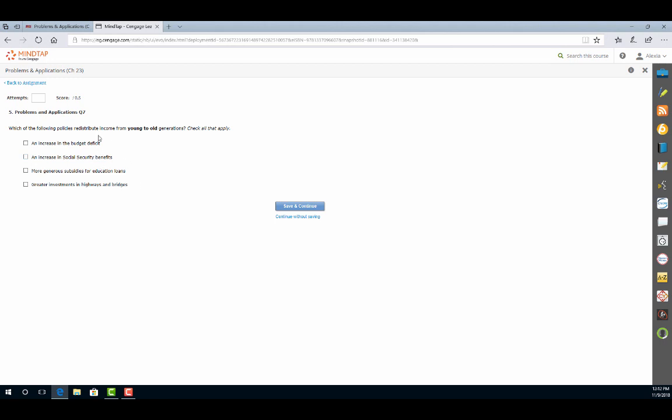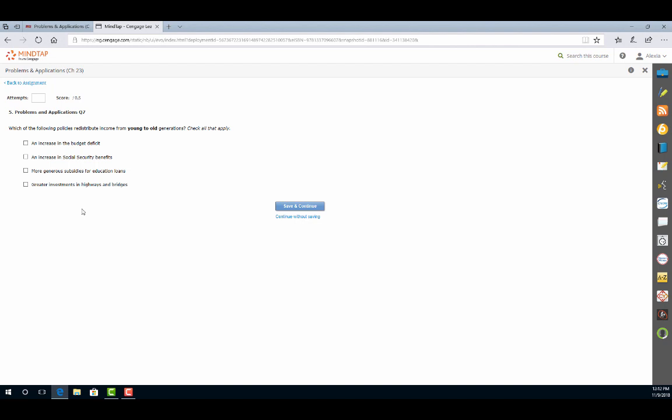This one asks, which of the following policies redistribute income from young to old generations? So on this particular question, you really have to just read through each individual one. This is centering on a couple different issues.